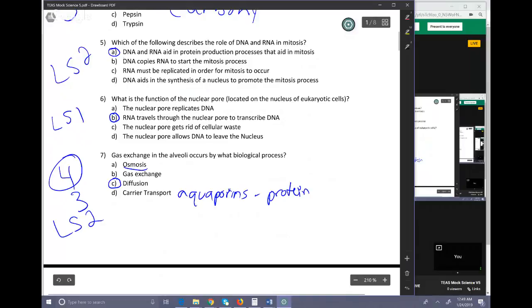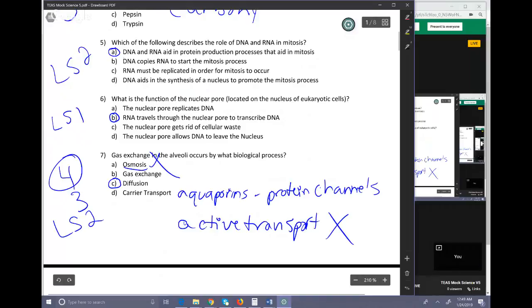It would have to very specifically be talking about something like that. And active transport would be another one that they could put here. You will not use that. So active transport, not on there. Osmosis, not on there. Carrier transport would be very much a biology question, not an anatomy question.